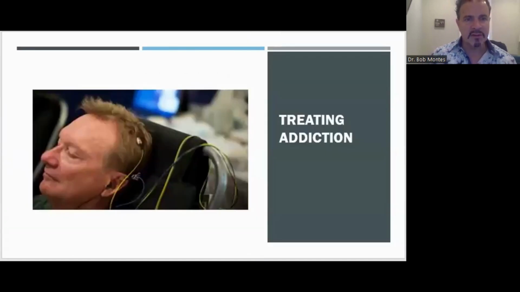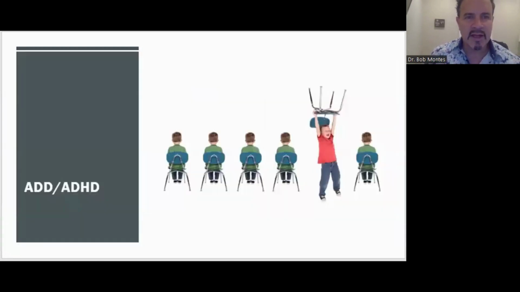We're able to decrease cravings for alcohol, nicotine, food. We're able to reduce cocaine cravings. We're able to help individuals making risky choices just by treating that area of the brain consistently.